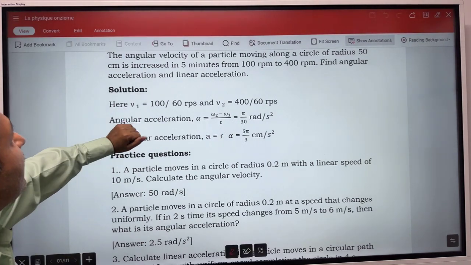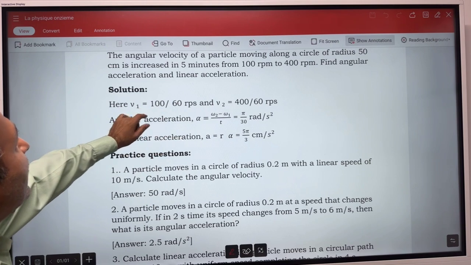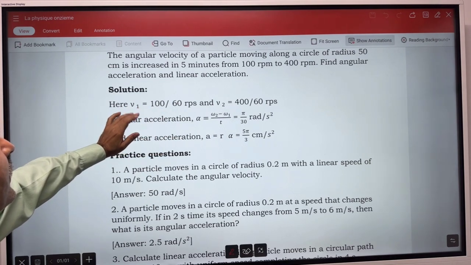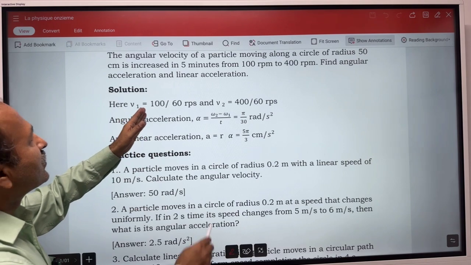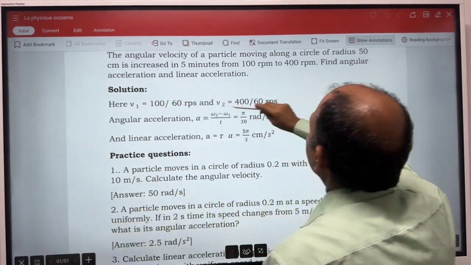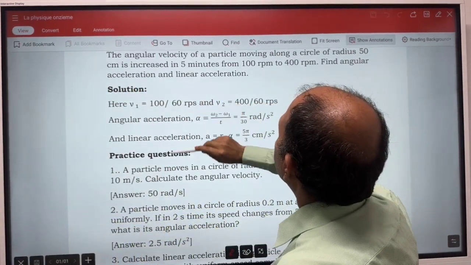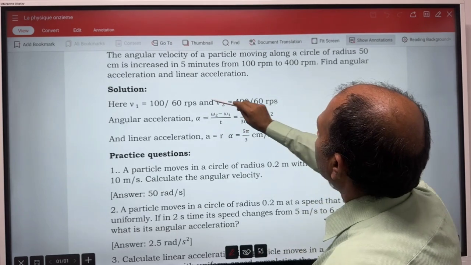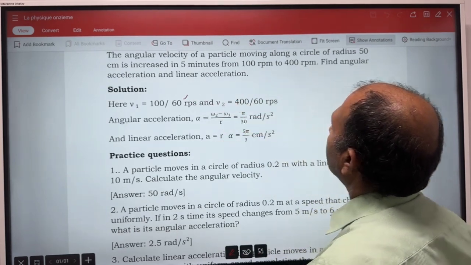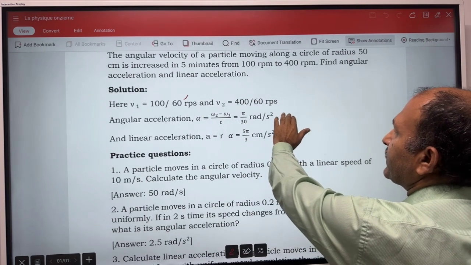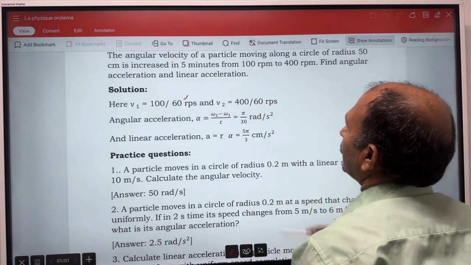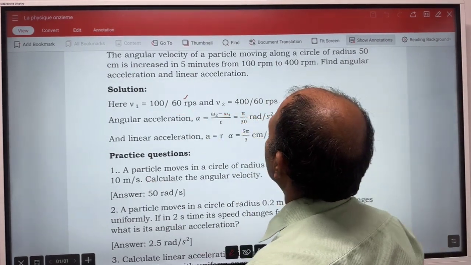You are given the frequency, 100 revolution per minute, so we can convert it into per second. So 100 divided by 60 revolution per second. Similarly, 400 revolution per minute is 400 divided by 60 revolution per second. So we have got nu 2 and nu 1.